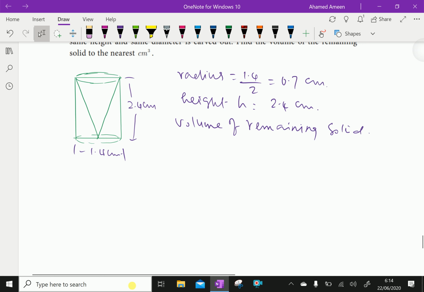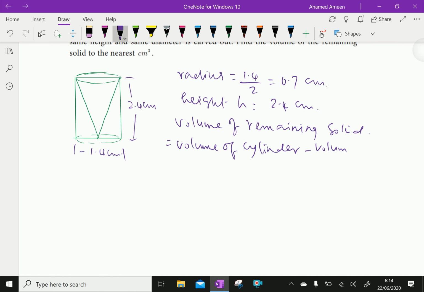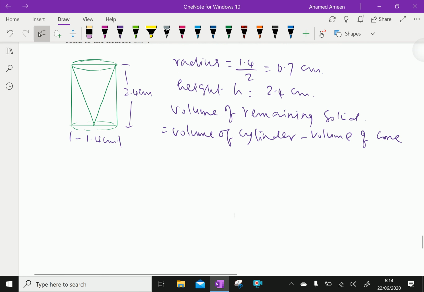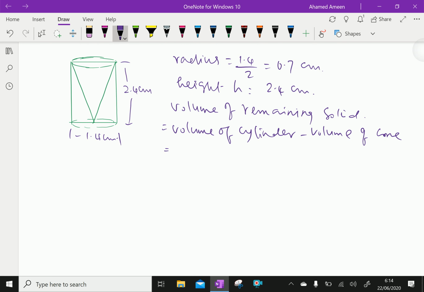Now the volume of remaining solid equal volume of cylinder minus volume of cone. Here volume of cylinder is pi r squared h minus volume of a cone is 1 by 3 pi r squared h.